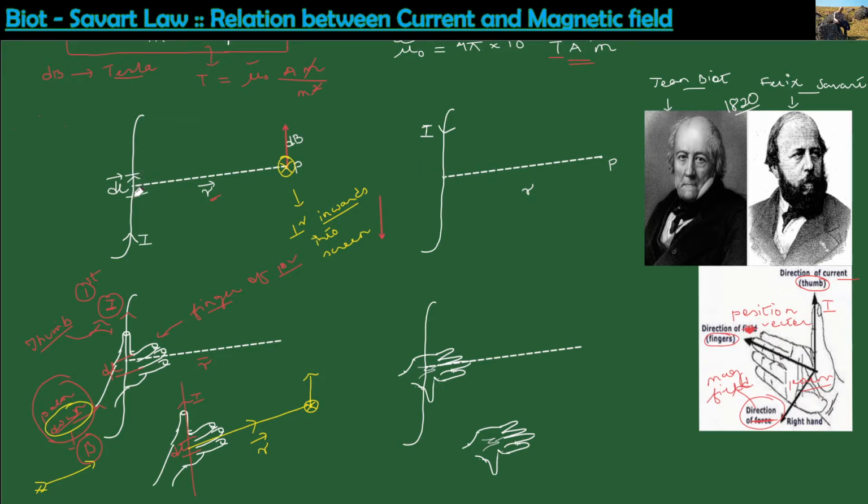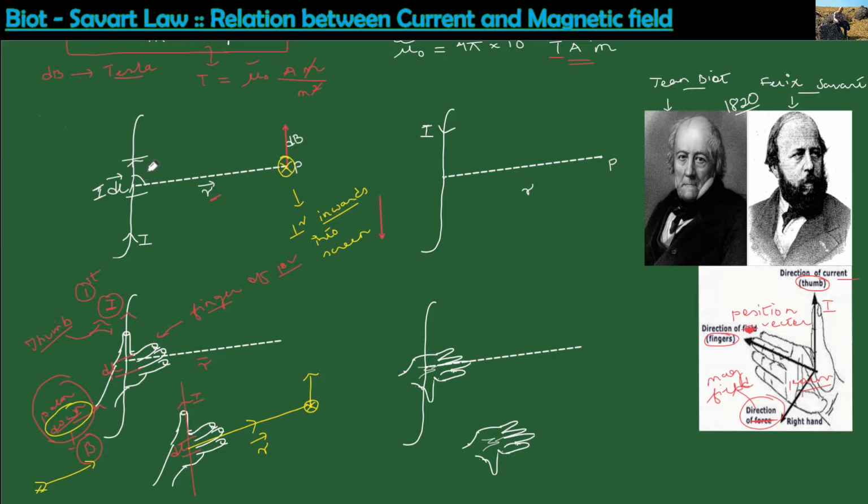Another important emphasis before we discuss this one: we have this current element IDL. If I expand like that, this is the current element IDL, so that is the first vector.